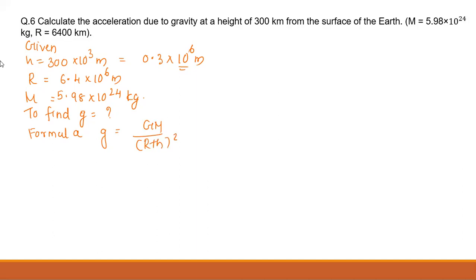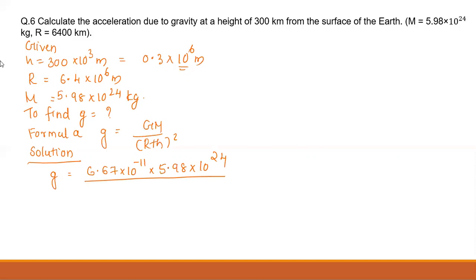Okay, on substituting the values in the formula, we will get the solution, that is g is equal to GM, 6.67 into 10 raised to minus 11 into mass is 5.98 into 10 raised to 24 upon r plus h, radius of the earth is 6.4 into 10 raised to 6 plus h is 0.3 into 10 raised to 6.